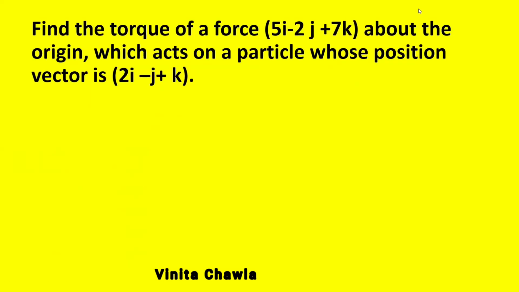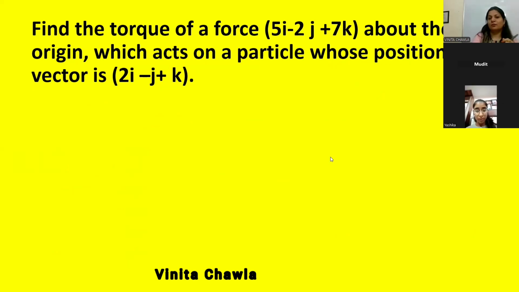Find the torque of a force 5 i cap minus 2 j cap plus 7 k cap about the origin, which acts on a particle whose position vector is this. Please do this question now. So what is vector F?